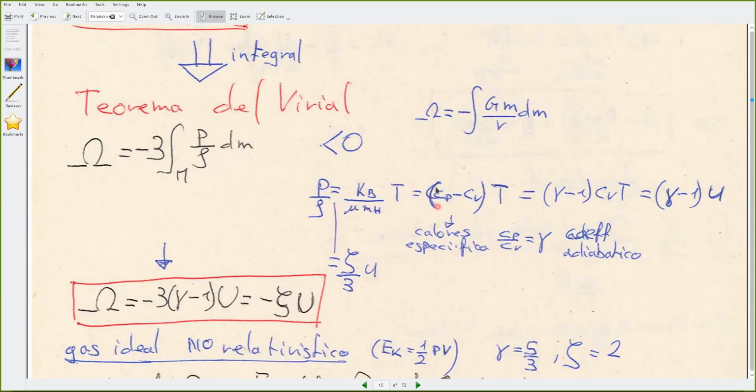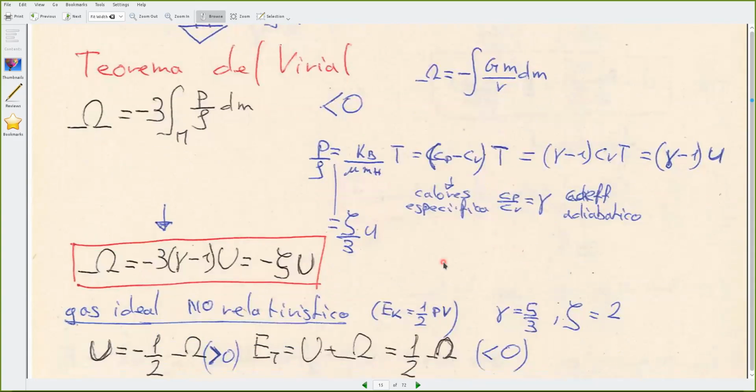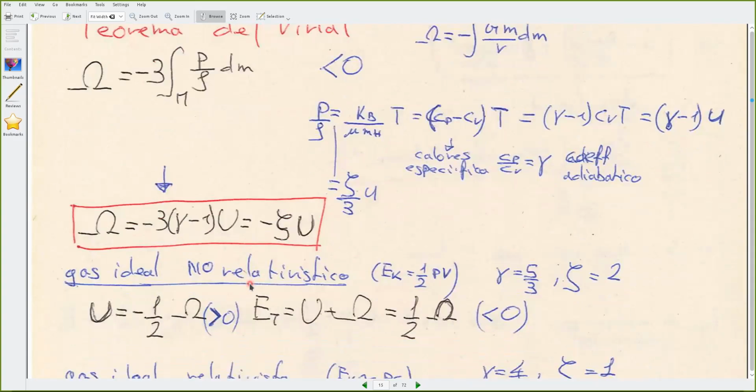P divided by rho, for the ideal gas, you have this equation that can be written with the heat coefficient. This is the adiabatic coefficient and can be rewritten in this way. So a relation among P, pressure divided by density, and internal energy, as it is connected to the temperature.